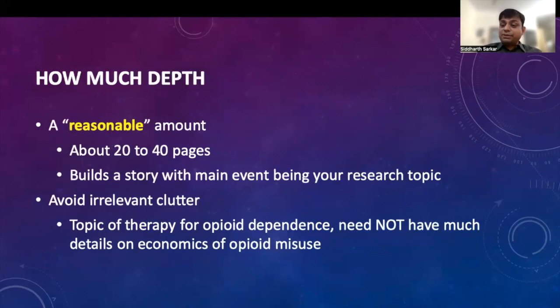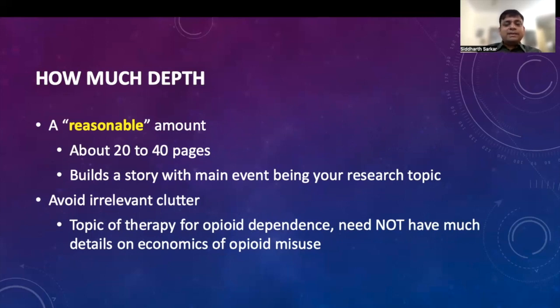How much depth should be there? For that, the answer is a reasonable amount of depth of the literature review should be there. But typically, about 20 to 40 pages should be good enough. It is preferred if you are able to build a story with the main event being your research topic. So you build a story that goes to the research topic that you are going to study.